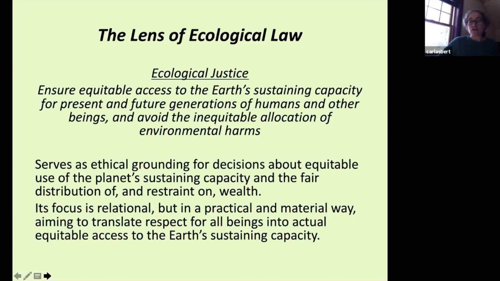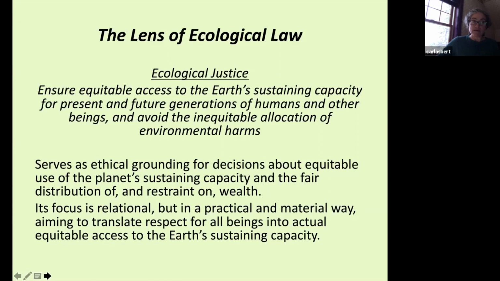So the function here is to serve as ethical grounding for decisions about how we distribute use of the planet's capacity to sustain life, and also a fair distribution and restraint on wealth. So limiting excess wealth.